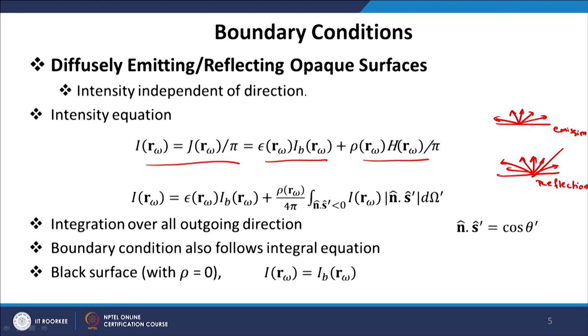Now, this H is irradiation, we have already discussed this. Irradiation is integrated over all the solid angles. We have used the vector notation, so we have to integrate over all the solid angles.